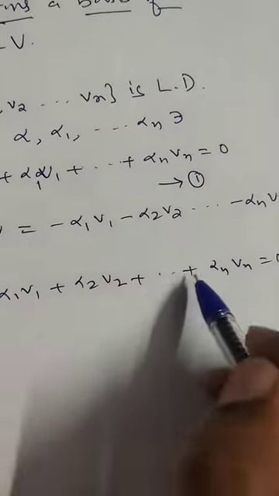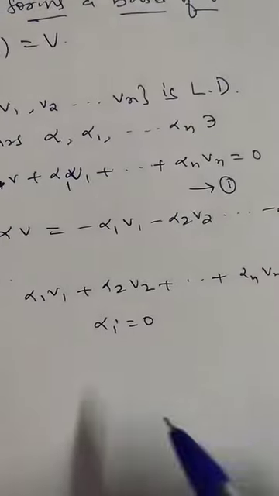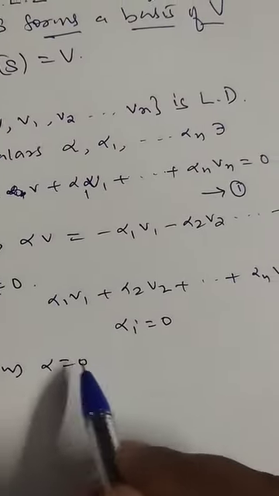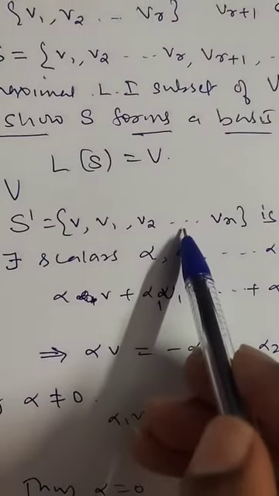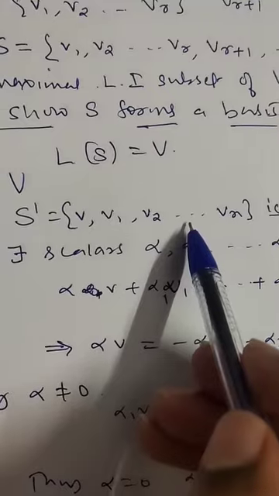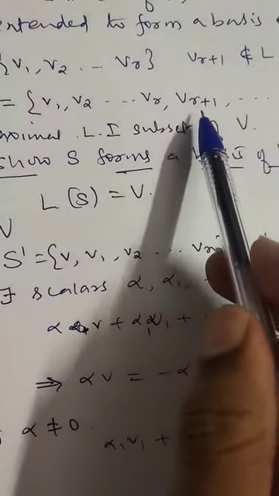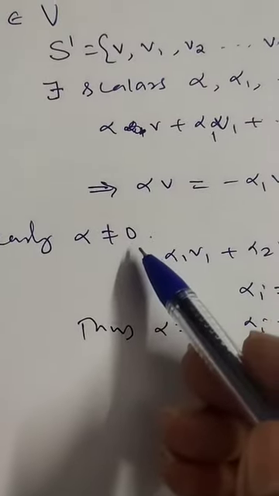Since v1, v2, etc., vn are linearly independent, each alpha is equal to 0. Thus this set S' becomes a linearly independent set. This is a contradiction, because we assumed that S is the maximal linearly independent set. Therefore alpha cannot be 0.